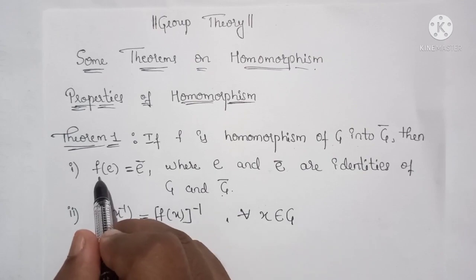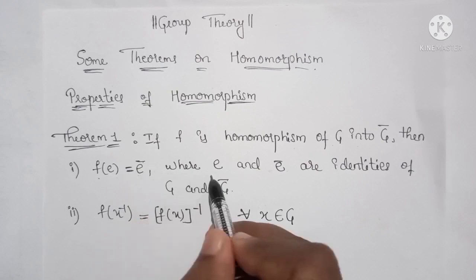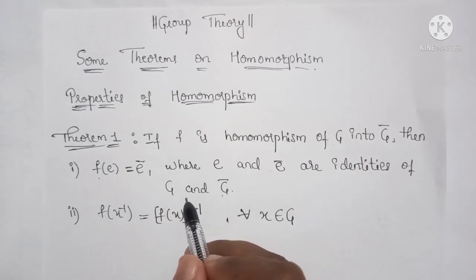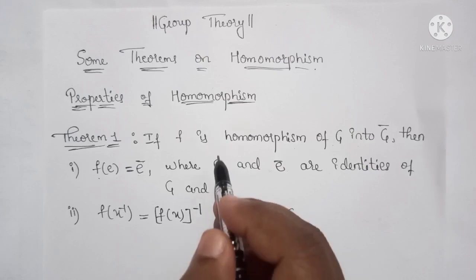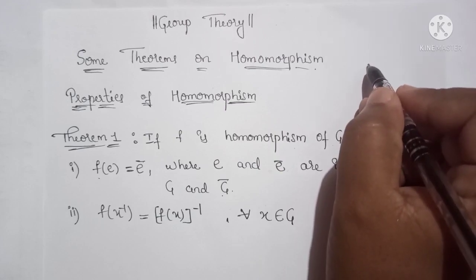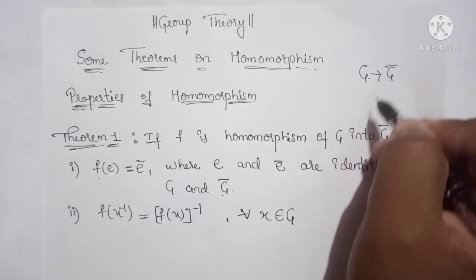That means the image of the identity element is equal to e bar, where e and e bar are identities of G and G bar. So in the homomorphism we consider two groups, from G to G bar.